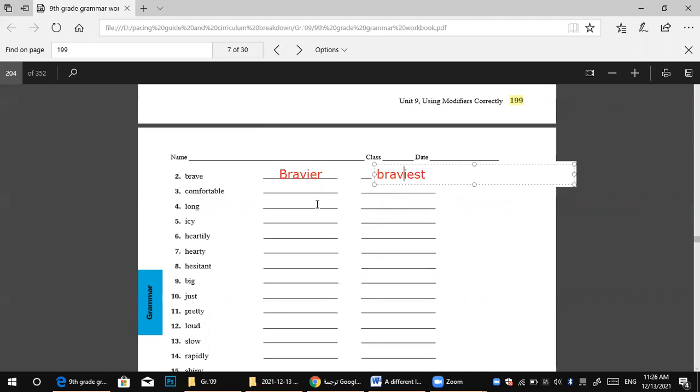This means he was the bravest one in the battle. Uncomfortable, of course, it's more comfortable and most comfortable.